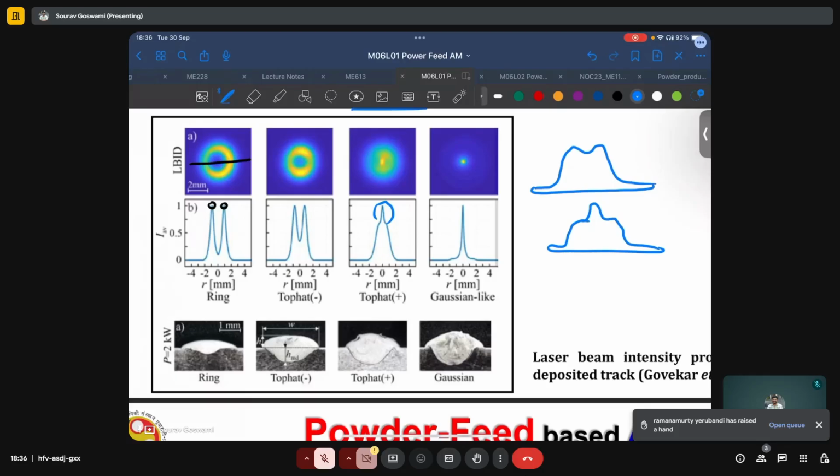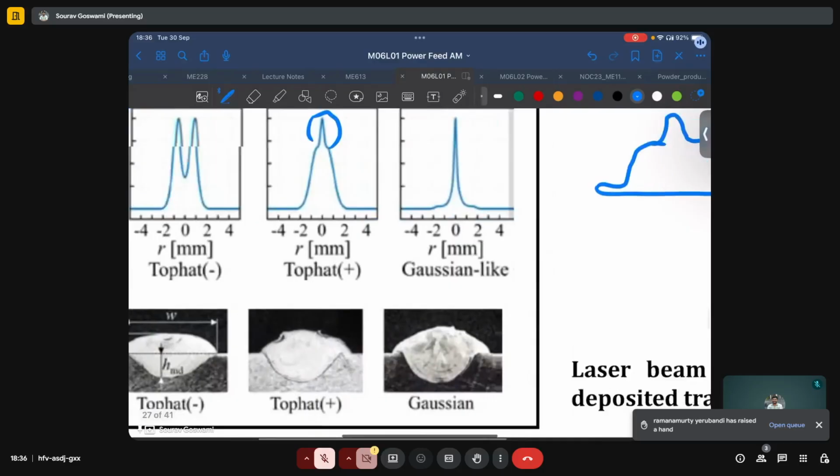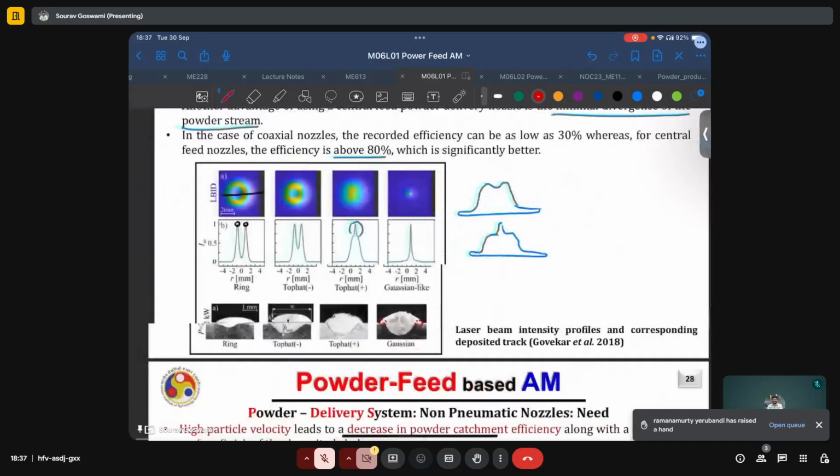And for the Gaussian profile, we see that the depth of the dilution of the melt pool at the center is far larger than at the edges. We can also expect to see some lack of fusion type defects right at the edges, in these regions, which are now highlighted in red.